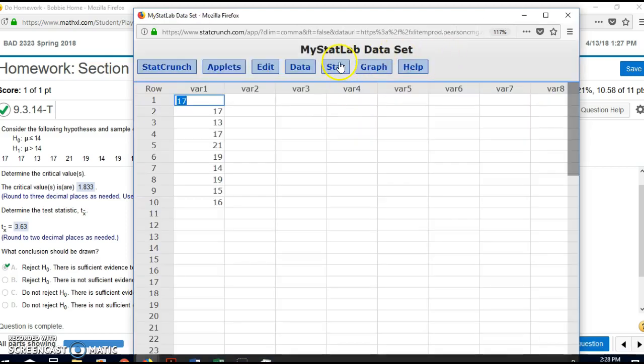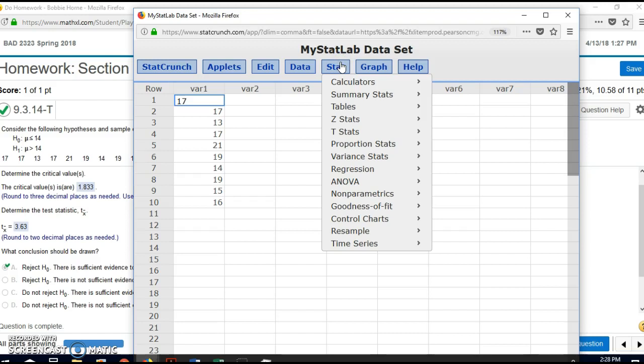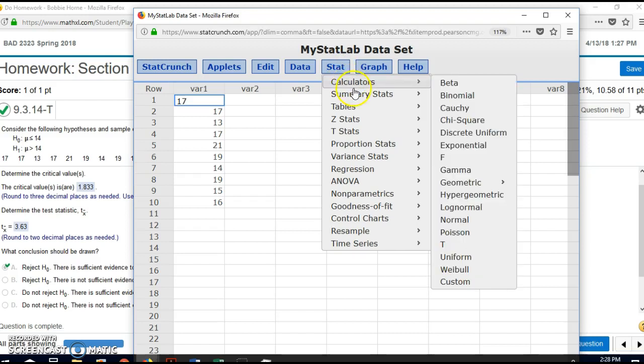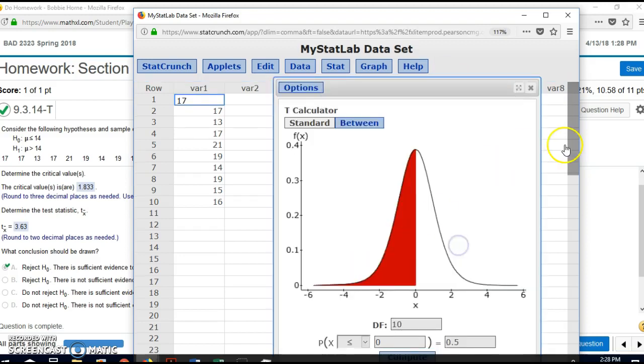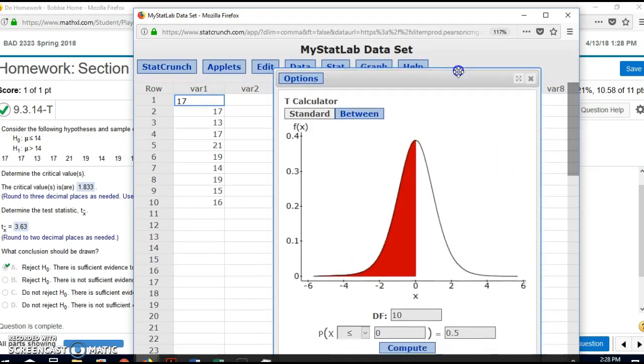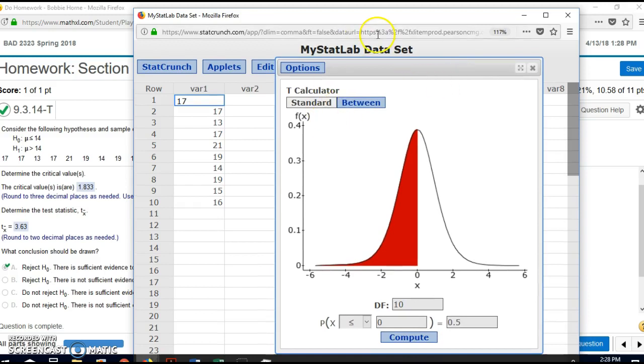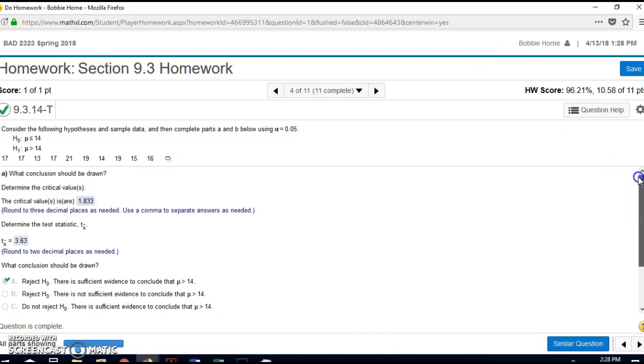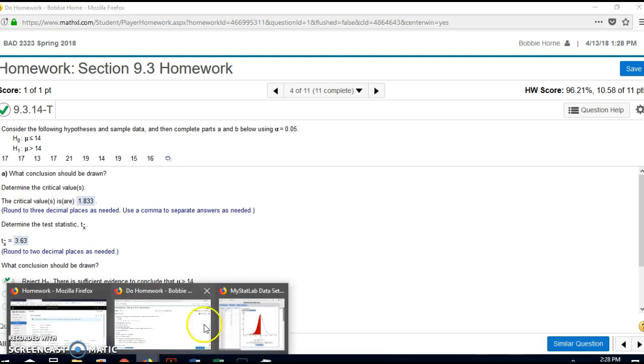Okay, now for the critical values, you can go ahead and just go to T, because all you need for the critical value is the degrees of freedom, and alpha is 0.05.